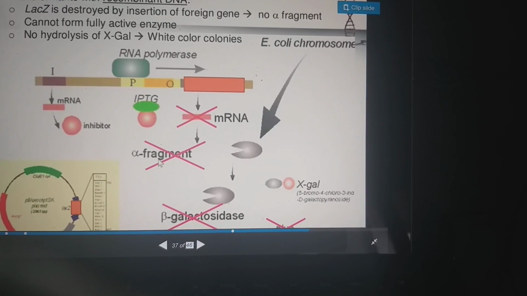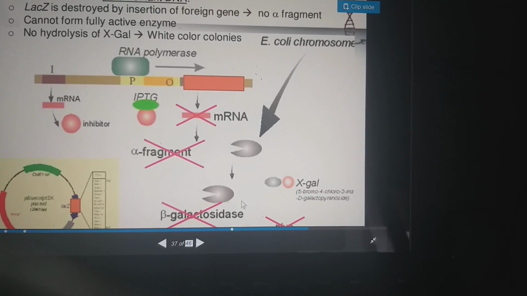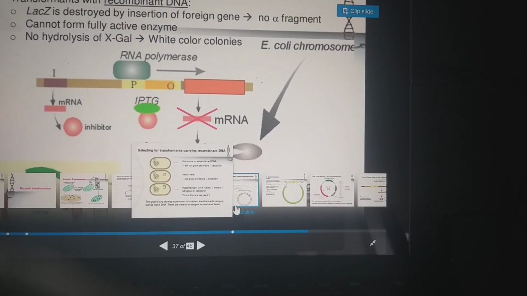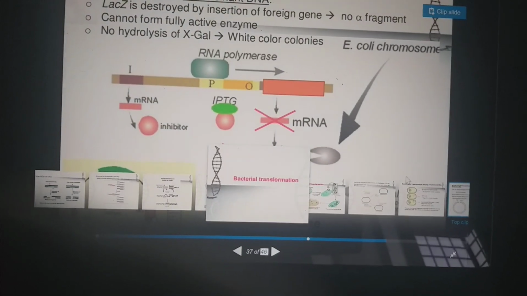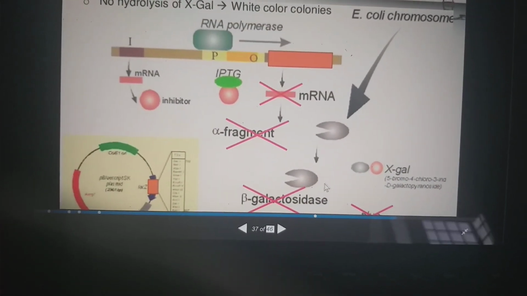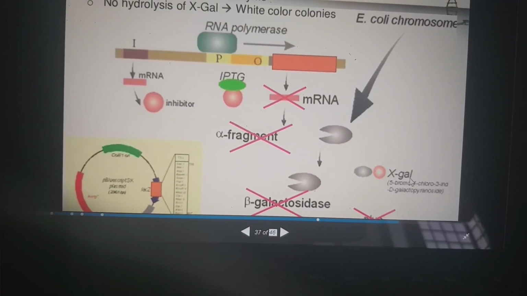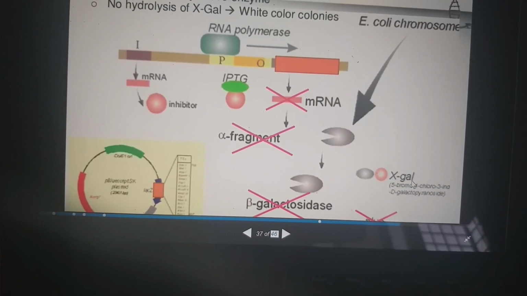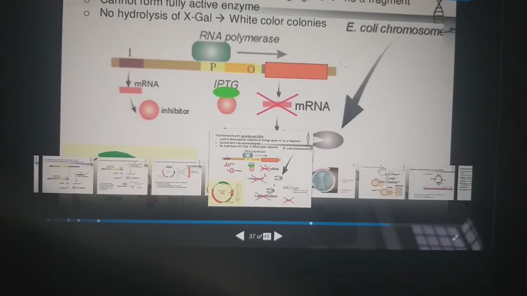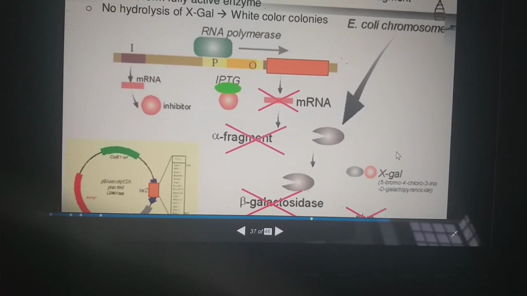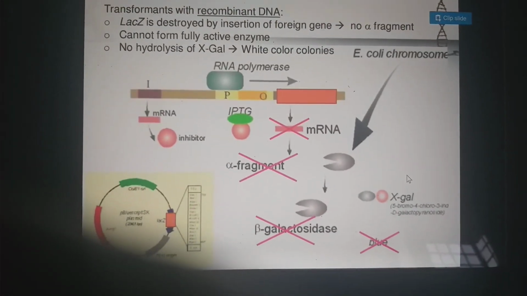But in absence of the alpha fragment, there will not be production of active beta-galactosidase, and this beta-galactosidase will not act on X-gal, and therefore there will not be formation of blue colored colonies. So in this case you will get the white color.